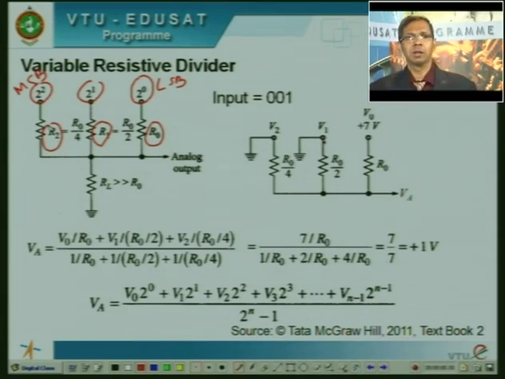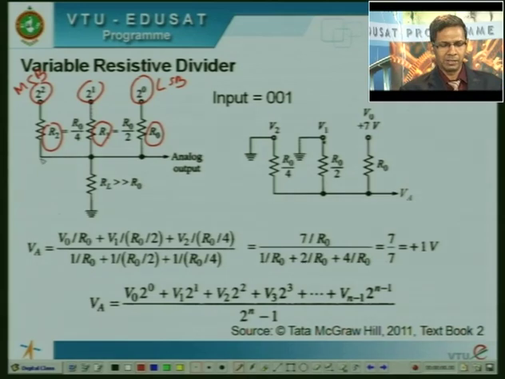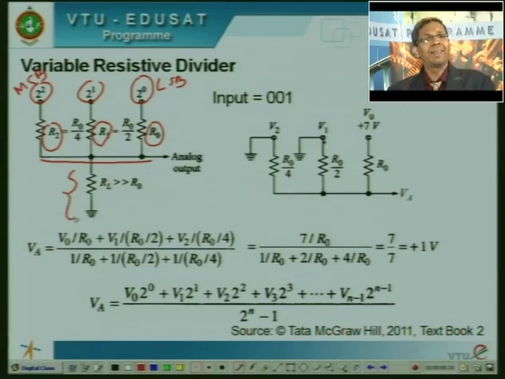And what is the other load that we connect, and where exactly are we going to get the analog voltage? We are going to get the analog voltage where we short all the other ends of these resistors and connect it to an analog output. This output voltage is usually measured across a high resistance.